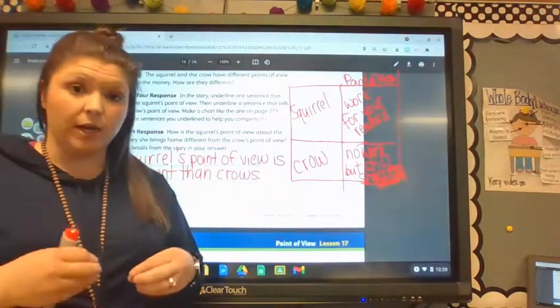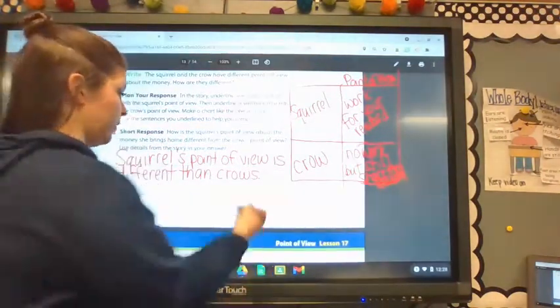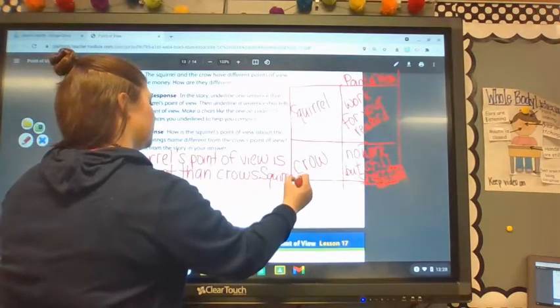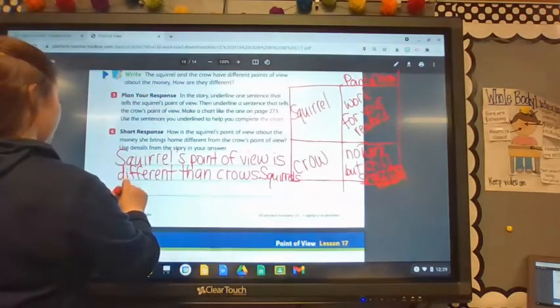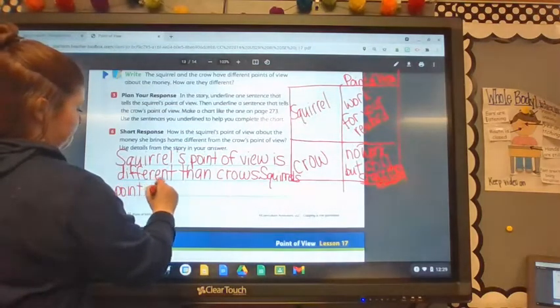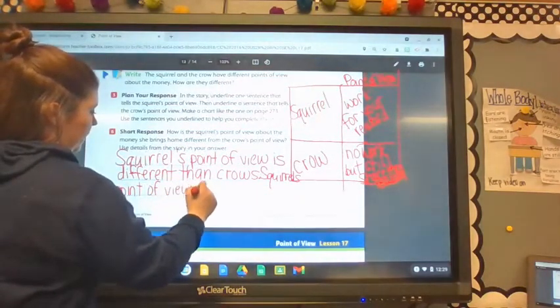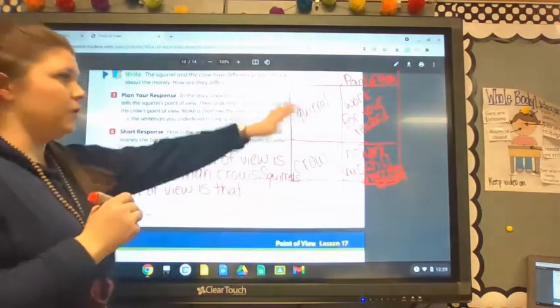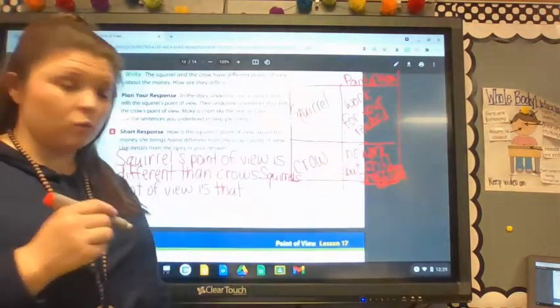Now we need to answer it. We need to tell how it's different, okay? So squirrel's point of view is that, remember we talked about if you have to work for your reward.